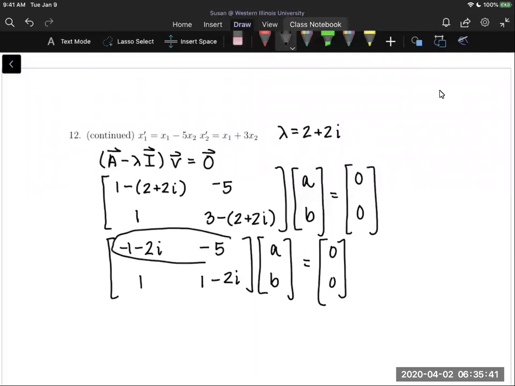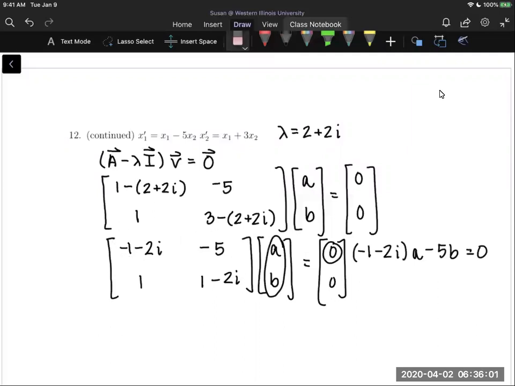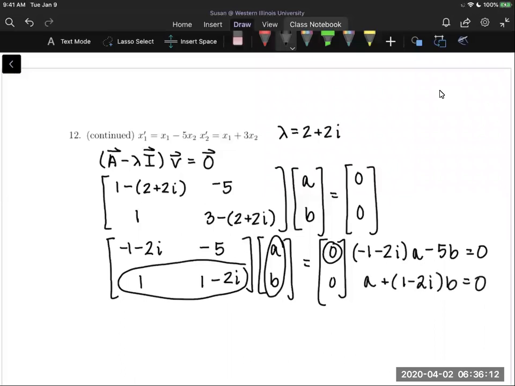I'm going to take row 1 times column 1 and equate it to 0. So what I have here is (negative 1 minus 2i) times a minus 5b equals 0. And the bottom row is going to give me a plus (1 minus 2i) b equals 0.